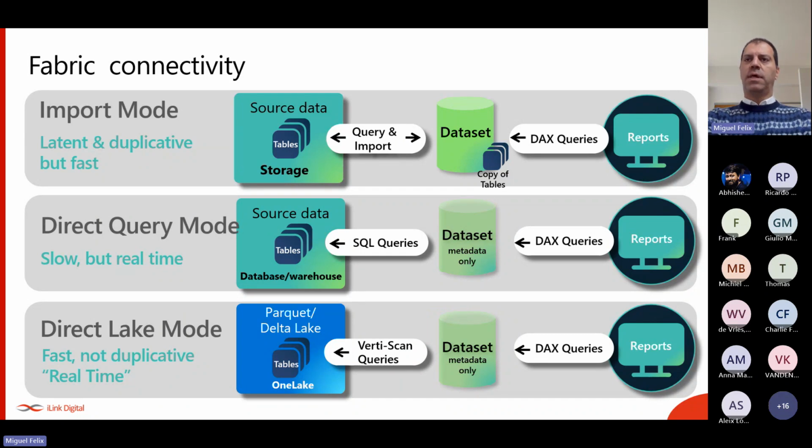The VertiPaq engine is a tool that is optimized to do DAX querying, to transform it using all the metadata that we have on our data and just transform your aggregations into the final result. So this is not a technical explanation, okay? I'm trying to make it a little bit lighter, but it's the engine that is behind.